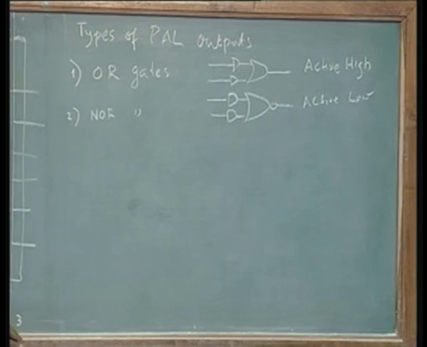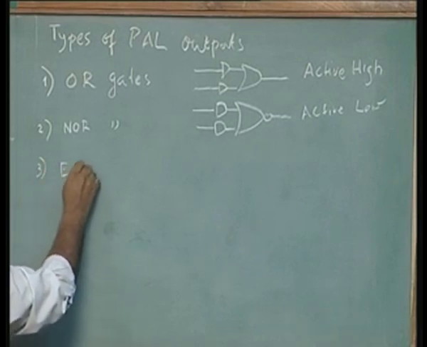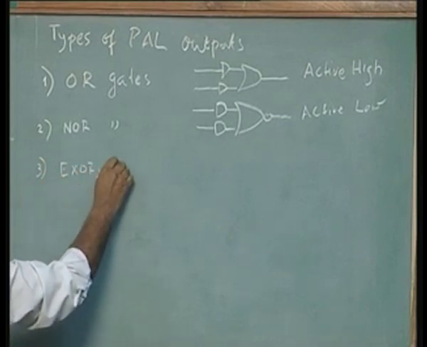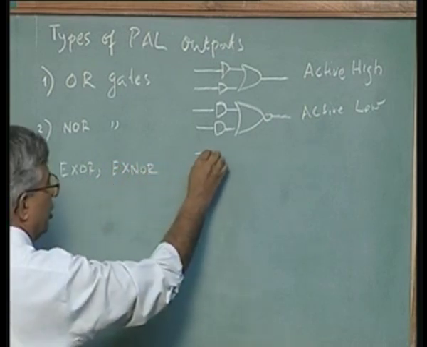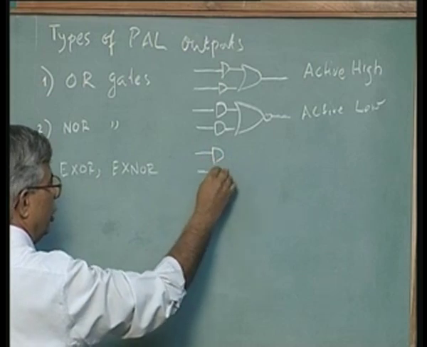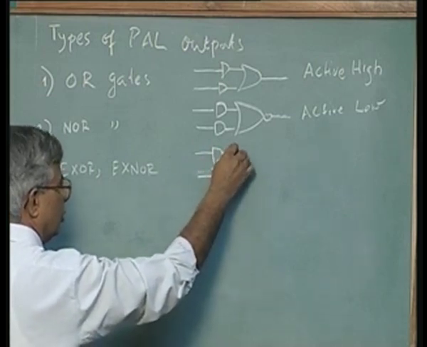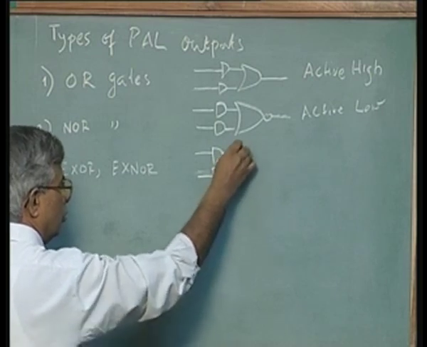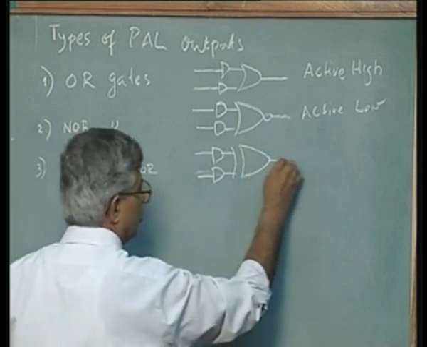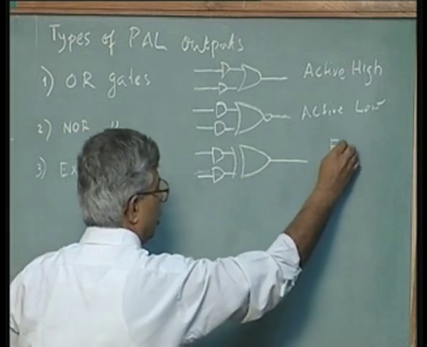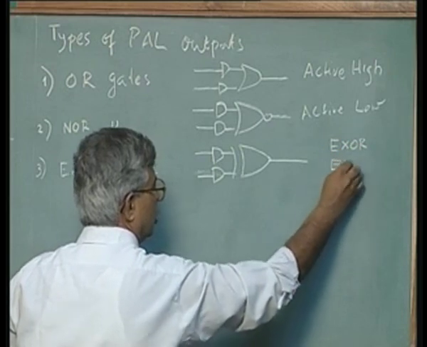I can also have an exclusive OR type of output or exclusive NOR, by making these inputs feed to an exclusive OR gate. XOR out, XNOR out.